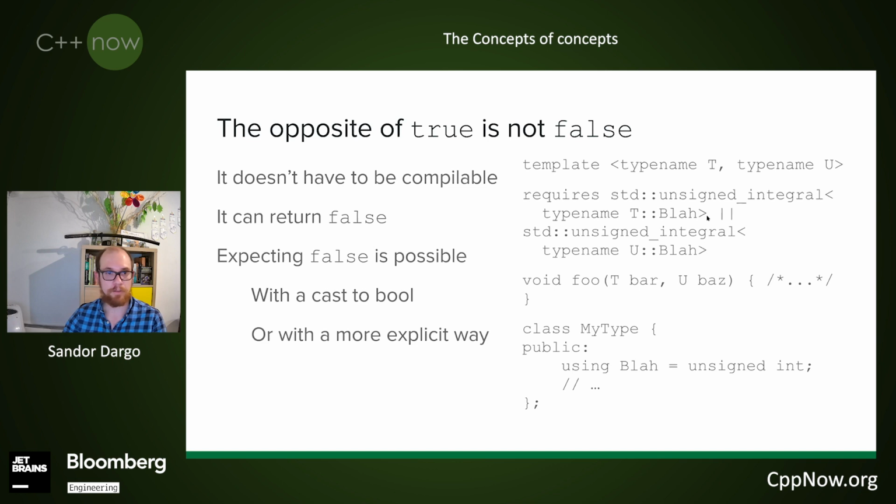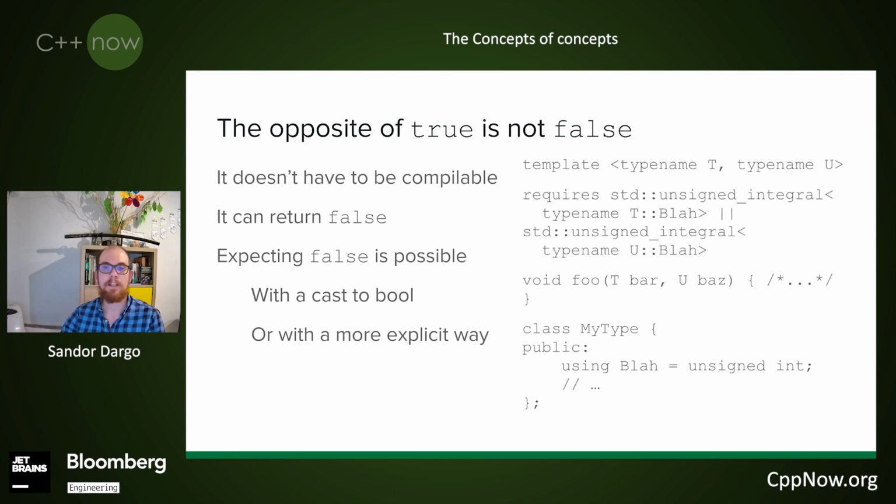They might return false, but they don't have to. So you have different options here. Now let's imagine that you call it with this my type, and then with an integer. So you use my type. It has a blah that is an unsigned int. So this first part evaluates to true. So we can short circuit this whole expression, and we say that the requirements are met.